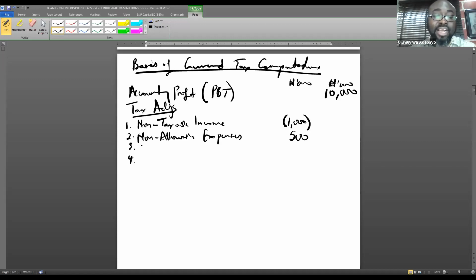Also, we might have the issue of omission. Omitted allowable expenses. What does that mean? What this means is that from an accounting perspective, expenses are recognized as they are incurred, not when they are paid.